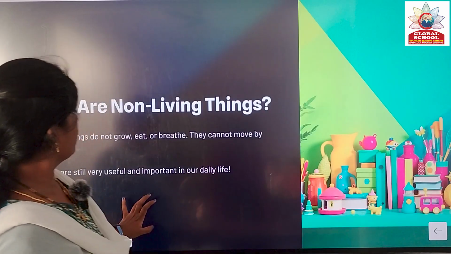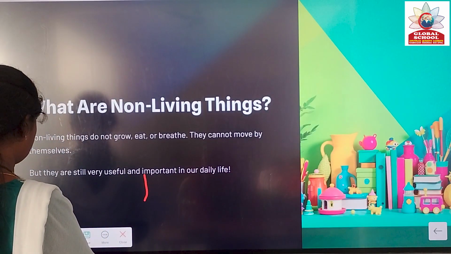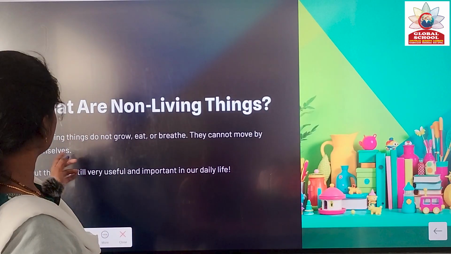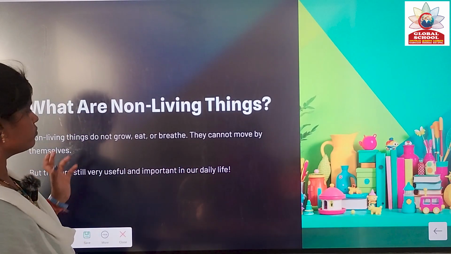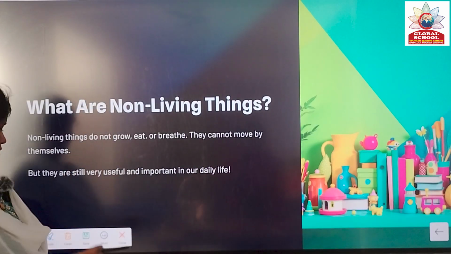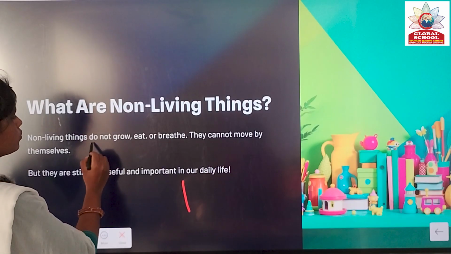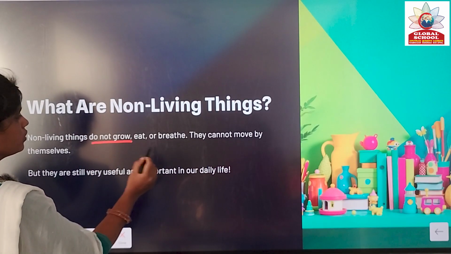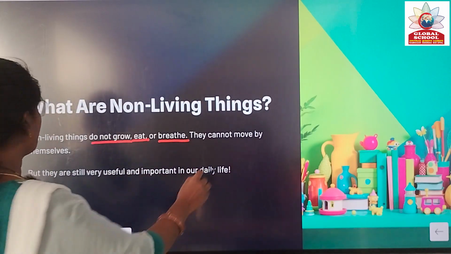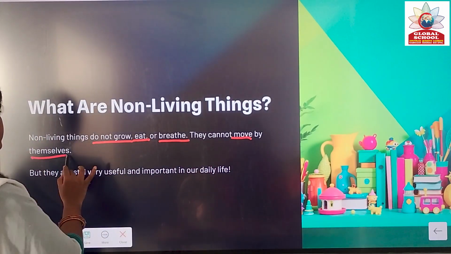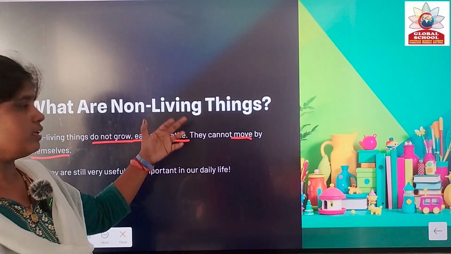Now, non-living things. Non-living things do not grow, eat or breathe. They cannot move by themselves. These are called non-living things.